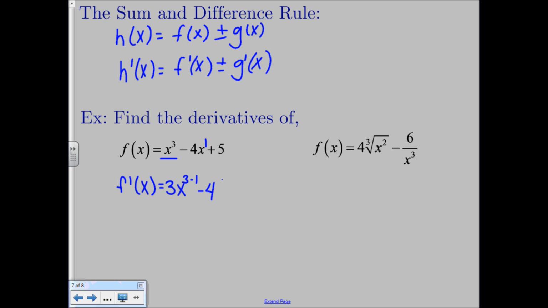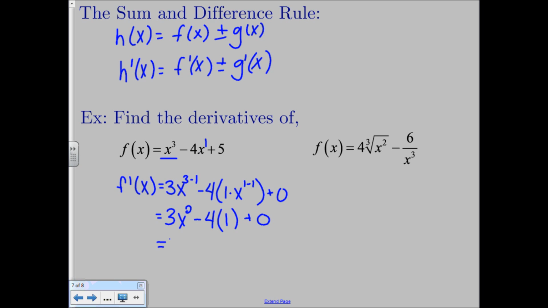So minus 4 times, bring down the 1 times x to the 1 minus 1 power. And bring in our constant rule from the first slide: the derivative of 5 is always 0, so put a 0 there. We're going to get 3x squared, since 3 minus 1 is 2, minus 4 times x to the 0 power, which is just 1, so we're just going to get a 1 here, plus 0.